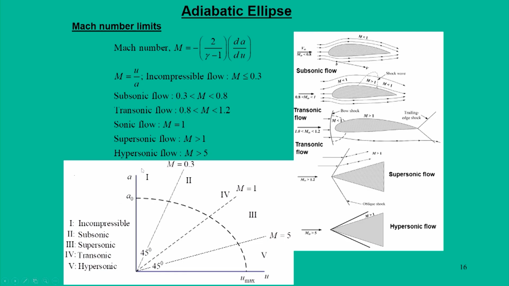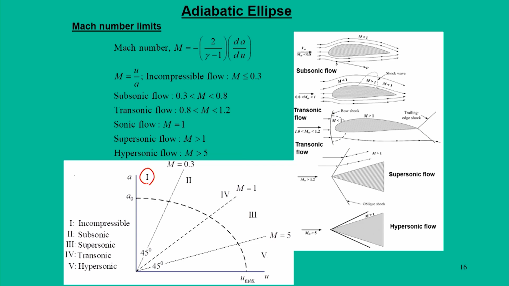So, when you are in zone 1, we are in the incompressible flow region. That means the dominance of a is more, which means information is propagated when the speed of sound is higher. So, zone 1 is completely incompressible.